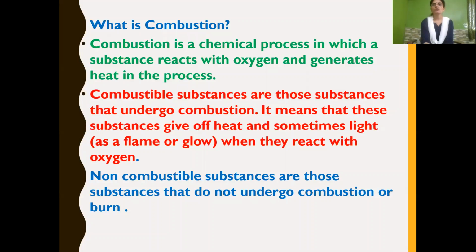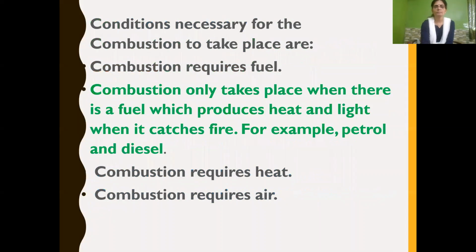Combustible substances are those substances that undergo combustion, and the substances which undergo combustion give off heat and sometimes light. Light will be in the form of flame or glow when they react with oxygen. And then we have learned about non-combustible substances. Non-combustible substances are those substances that do not undergo combustion or burn.